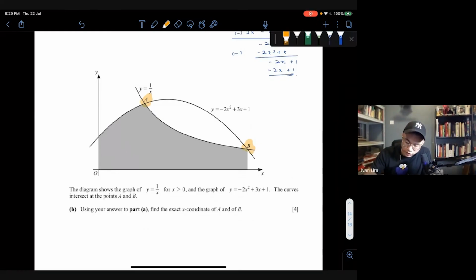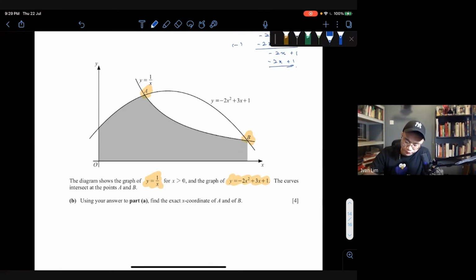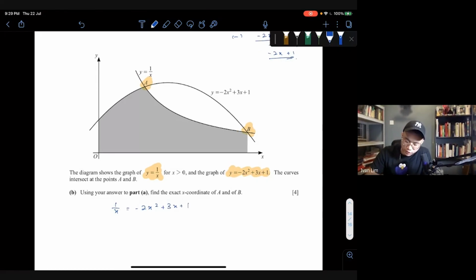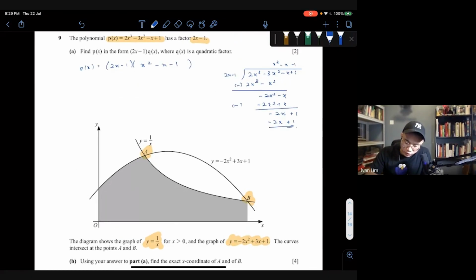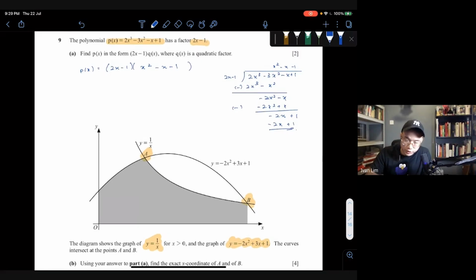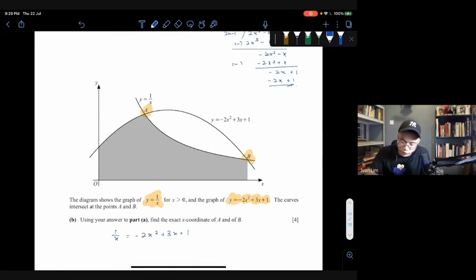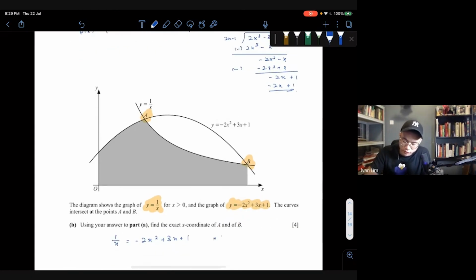First equation is 1 over x. Second equation is negative 2x squared plus 3x plus 1. So 1 over x equals negative 2x squared plus 3x plus 1. Okay, if we want to equate it to the top equation, you see the top one was 2x cubed minus 3x squared minus x plus 1. So we can multiply the whole equation by x.